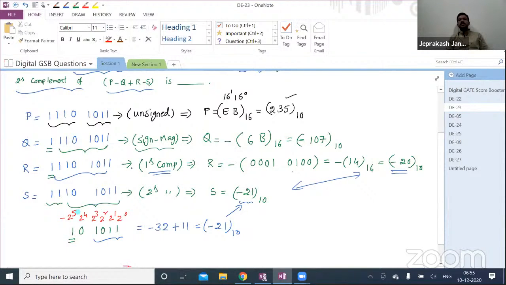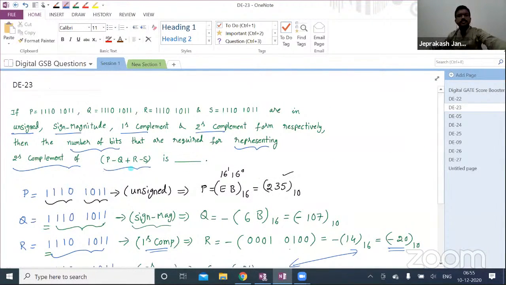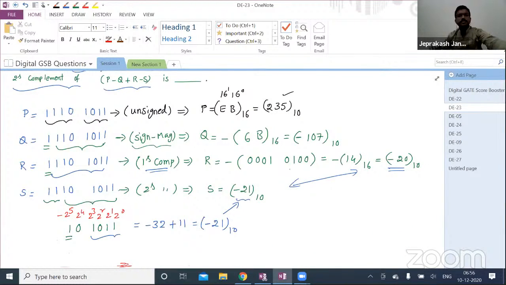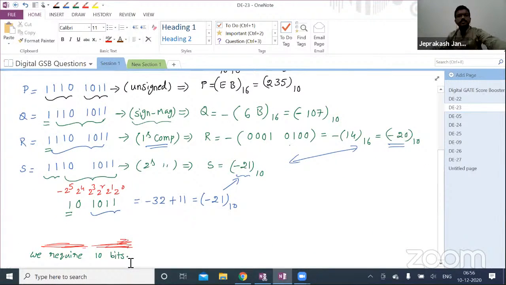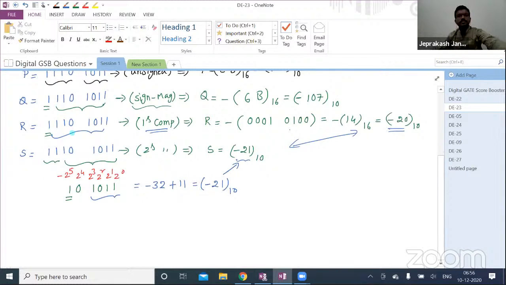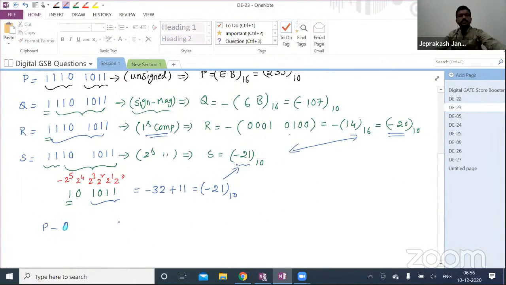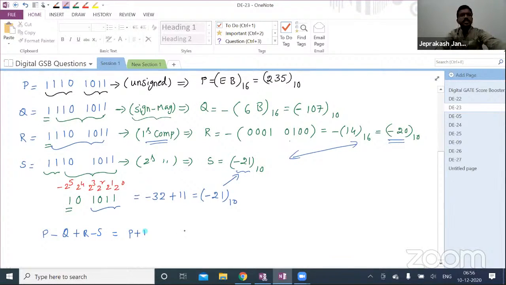So now you have to find P minus Q plus R minus S. Just 1 second. P minus Q plus R minus S. So now write P plus R. This one we can write as P plus R minus, if you take common, then you'll get Q plus S. Right?